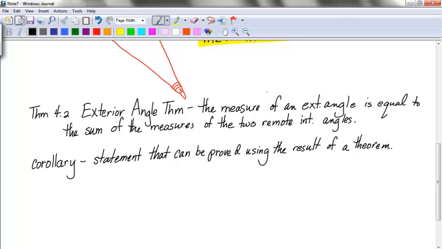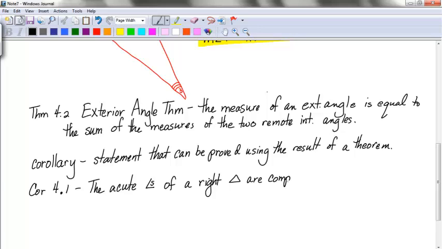The author goes through two corollaries, and they just use COR for the abbreviation. Corollary 4.1 says the acute angles of a right triangle are complementary. Basically they're using the idea of how many degrees are in a triangle? 180.